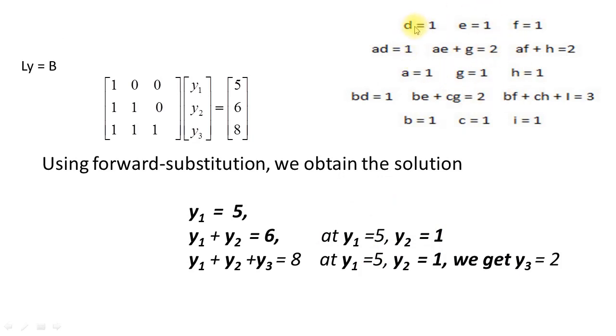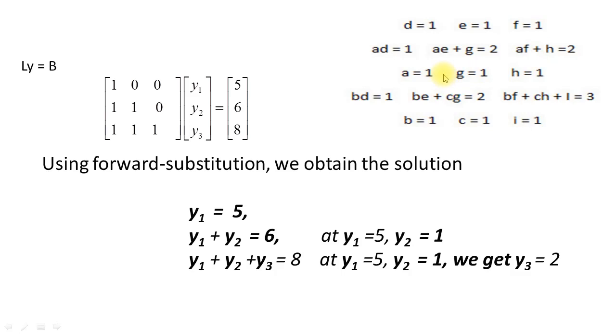Now you see here, this is the comparison. By comparison we obtain D is equal to 1, E is equal to 1, F is equal to 1, AD is equal to 1. Putting the value of D, we obtain A is equal to 1, and AE plus G is equal to 2. Putting the value of A and the value of E, we obtain G is equal to 1, and AF plus H is equal to 2.